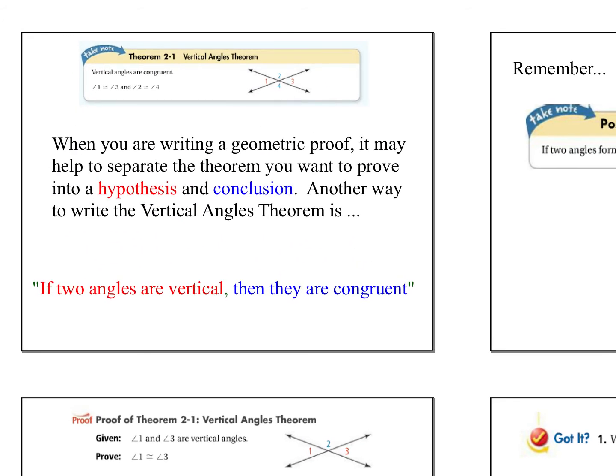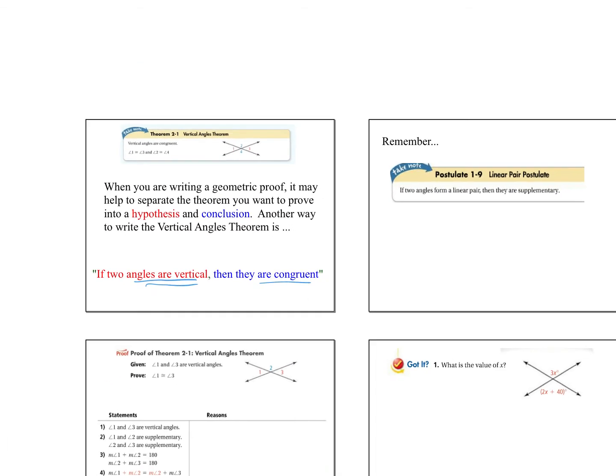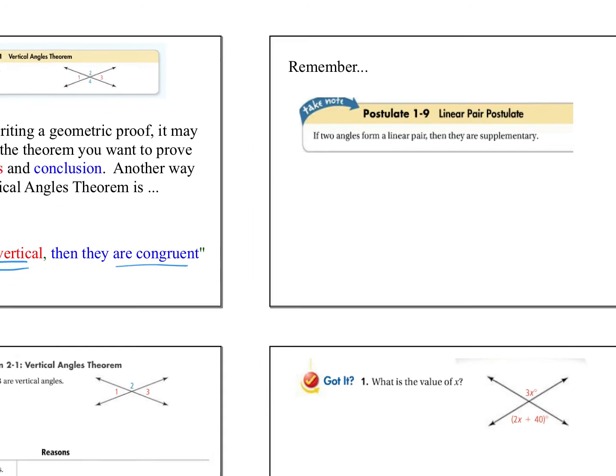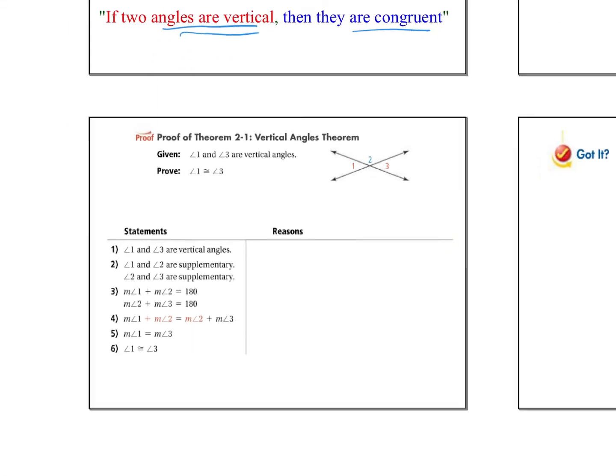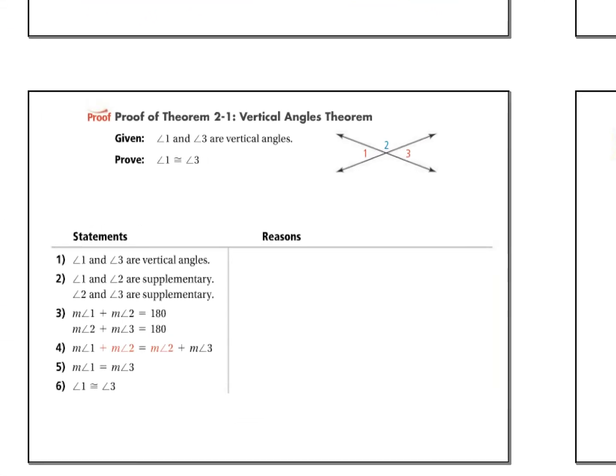Vertical angles theorem. If two angles are vertical, then they are congruent. We were given angles vertical, and we proved that they were congruent. And so with this, we use the linear pair postulate. We actually did this as our warm-up. Here it is as statements, and you can see where our reasons go.